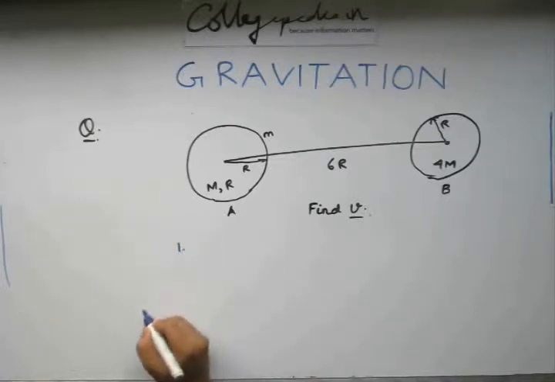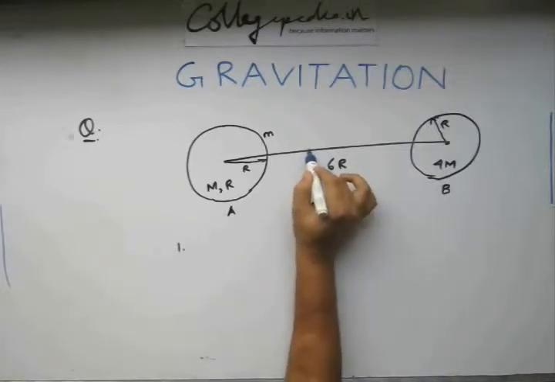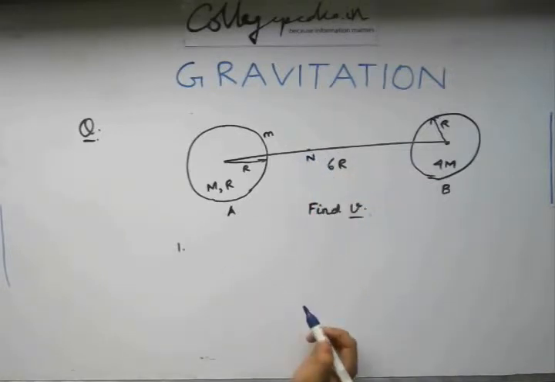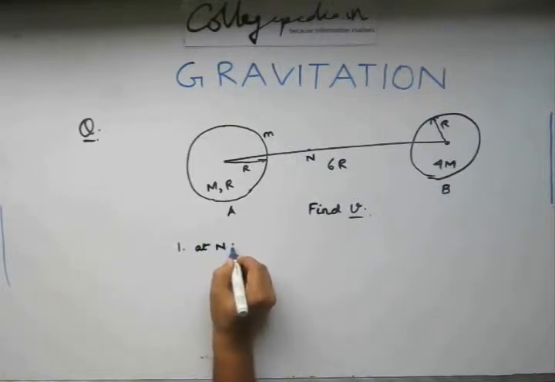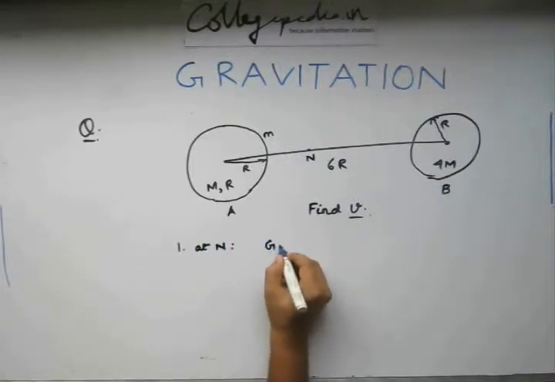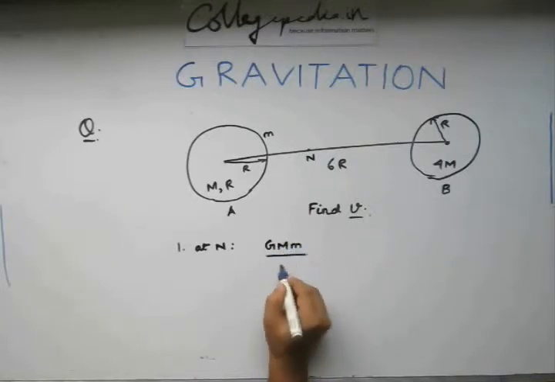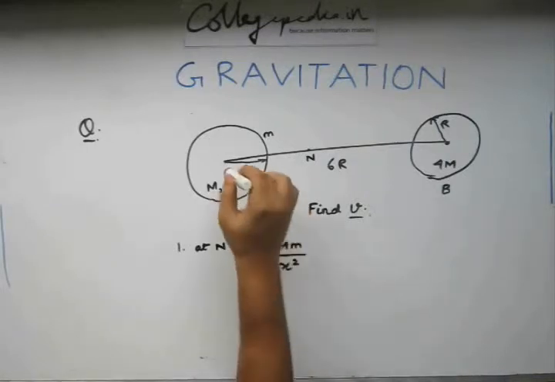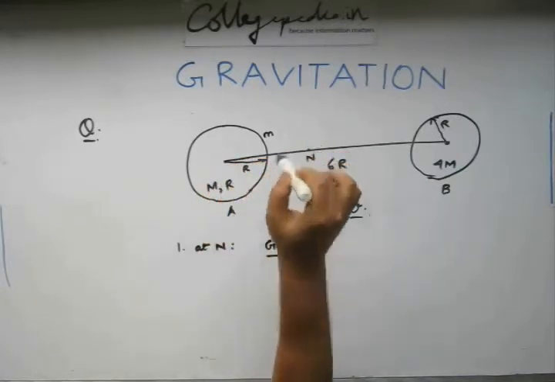So for the point 1, we need to equalize forces at the neutral point. So let's say this is our neutral point. So at n, G M m by x square, where I'm calculating the distance from the center of this to the neutral point.